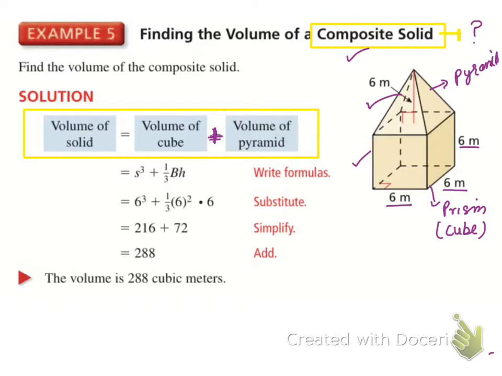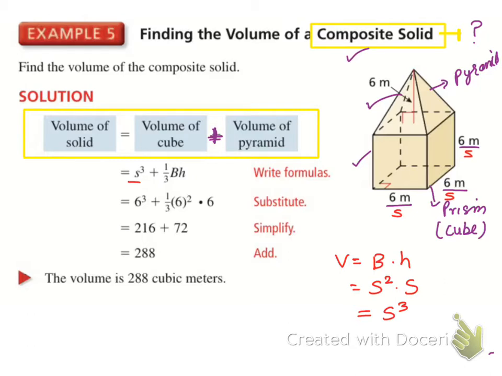You may wonder how I got s cubed: that's the volume formula for a prism. The base area is side times side, so side squared. The height of the prism is the side. Side squared times side is side cubed. So if it is a cube, you can directly use s cubed instead of base area times height.